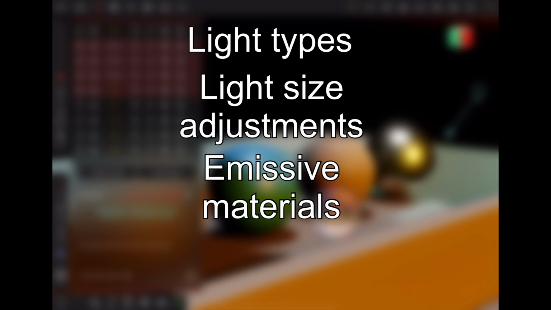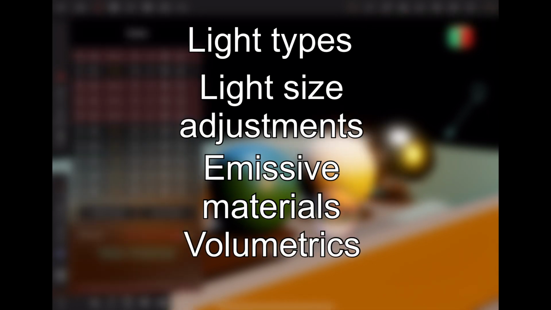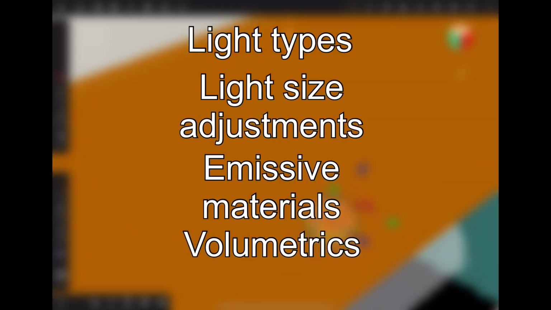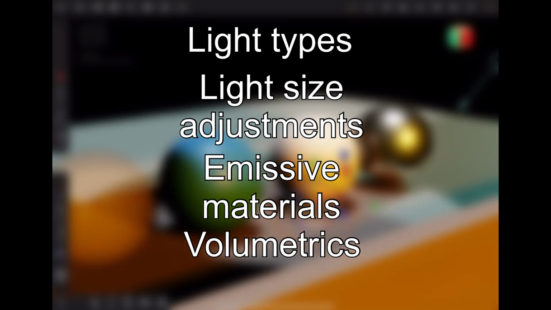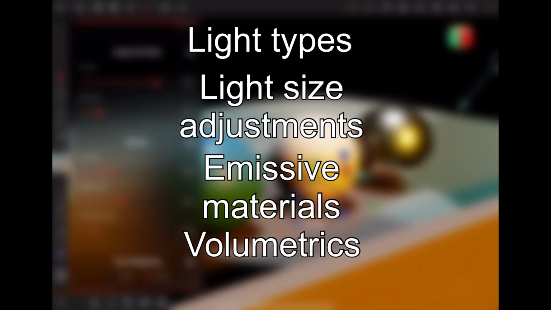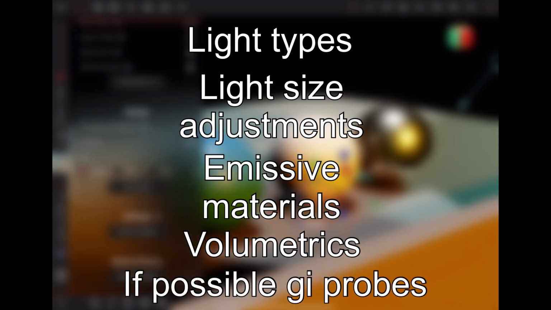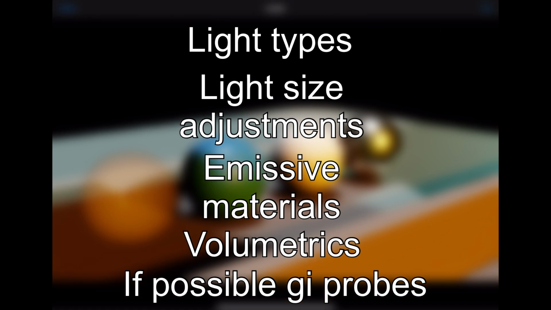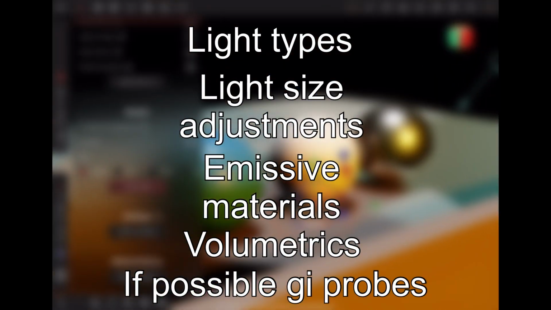And I think a few other things we would probably need is volumetrics to get light shafts, some nice lighting and fog, making it look like it's foggy, or just some atmosphere to your renders. I don't know how hard it would be to do that, but I think volumetrics would help out a lot. And then, of course, if possible, some type of GI probe, some global illumination, to make all the lighting connect more and feel a lot more grounded and set in reality.